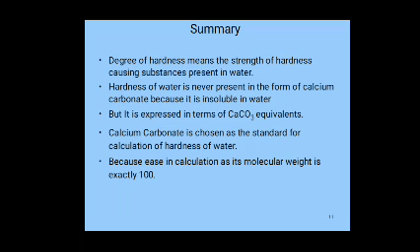That is 40 plus 12 plus 48, which is 60, plus 40, 100. CaCO3 molecular weight is equal to 100. So it is easy to calculate by using CaCO3 equivalent weight.